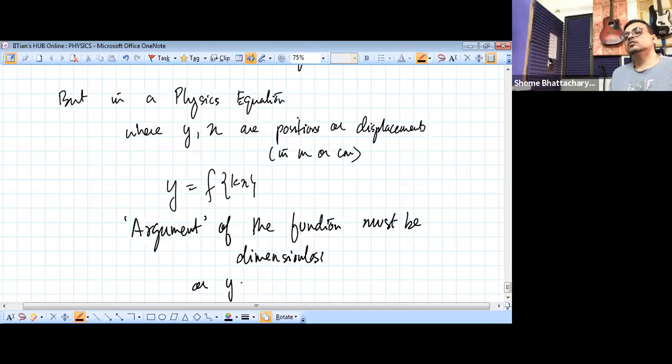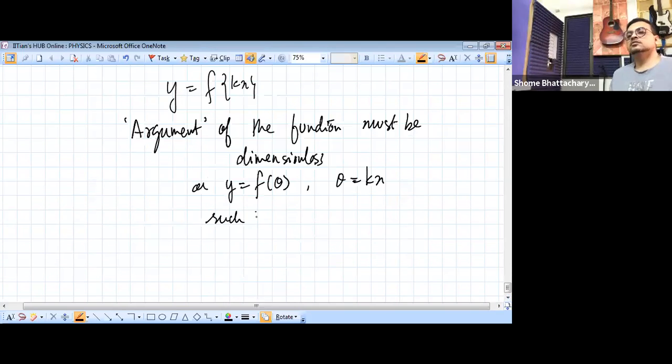So y must be f of some argument theta, where theta = ax, and a has the dimension of length inverse, so that ax is dimensionless. a is a constant.